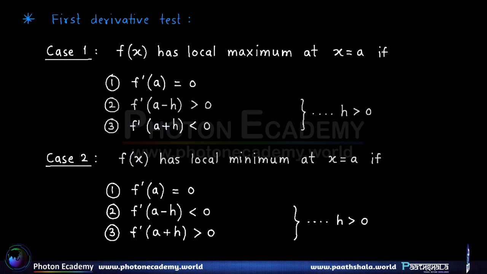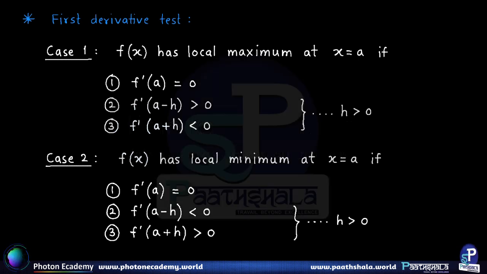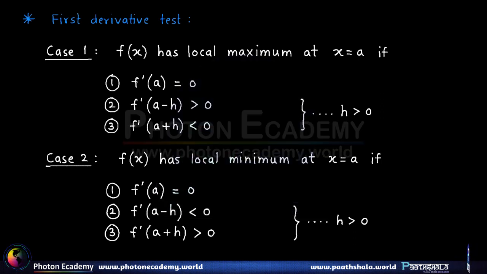On the other hand, in the second case, f of x has a local minimum at x equal to a if f dash of a is still 0, but f dash of a minus h is negative and f dash of a plus h is positive, once again for some small positive number h. Okay, so that is how we use the first derivative test.